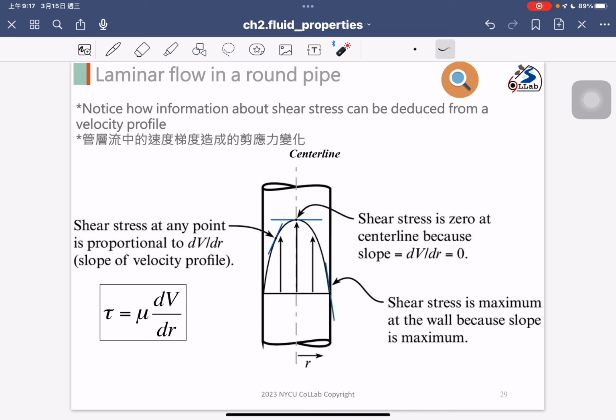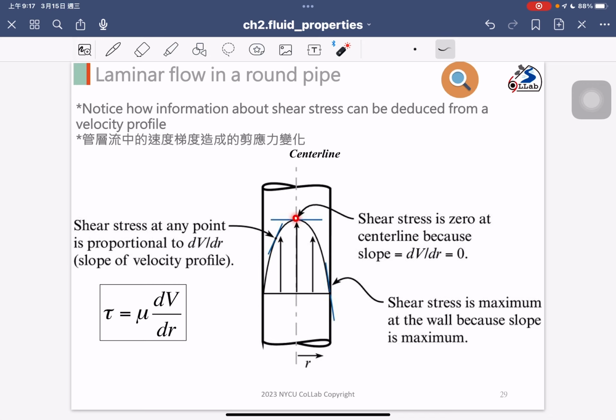You can connect the largest shear stress with no velocity, because the shear stress is the friction for the fluid. So with the largest shear stress, we will have no velocity at this point.